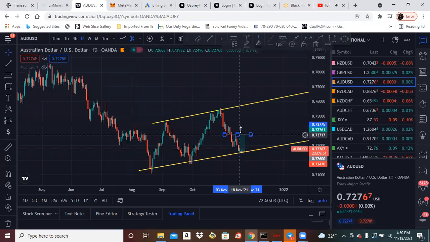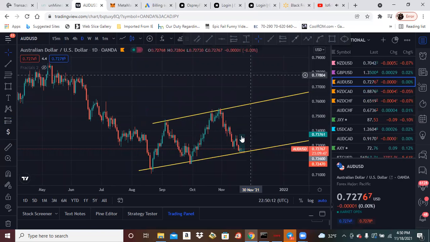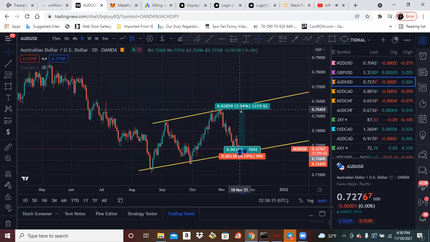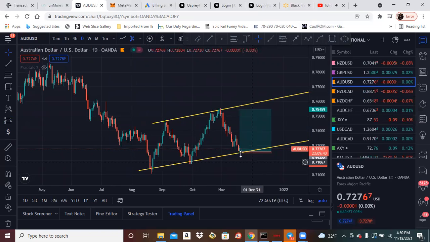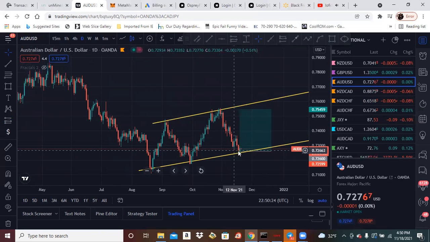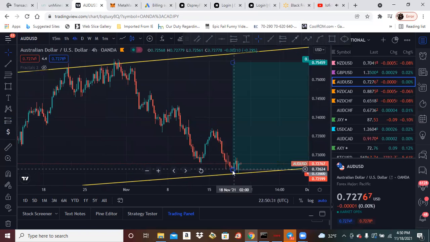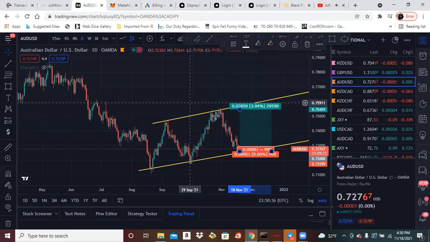If this channel is valid, we might get a nice move back up here. But if we swing the AU, our stop loss is gonna have to have some real deep breathing room if we take this channel. I gotta see how it closes for the week and all that.